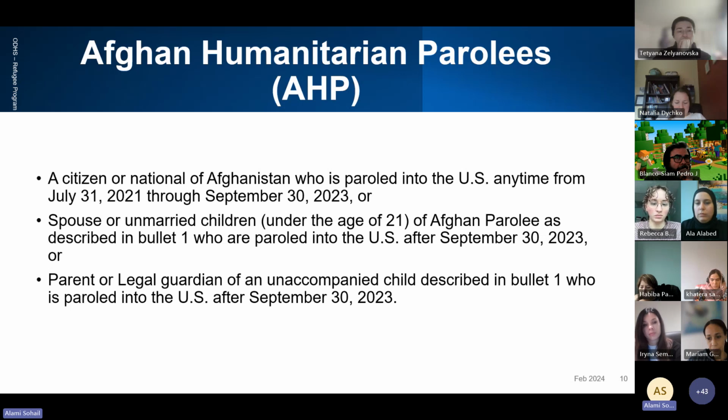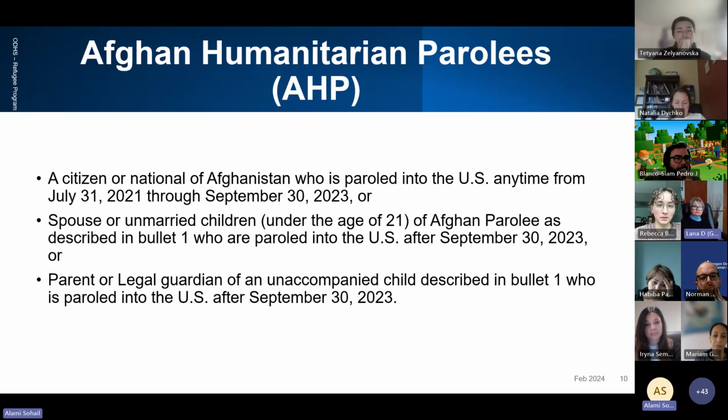So if a new status becomes eligible, or even if they amend a specific immigration status and say you can now accept these other documents as well, we would let you know. We would send you probably an email, and we usually talk about it at our monthly CBO and monthly refugee program meetings. Okay, great. Yeah.